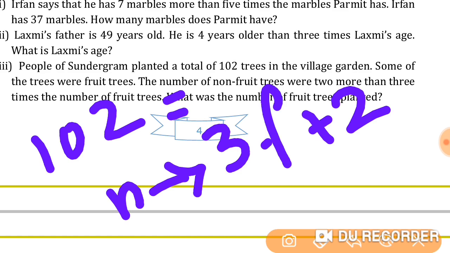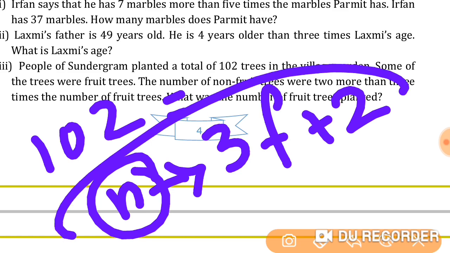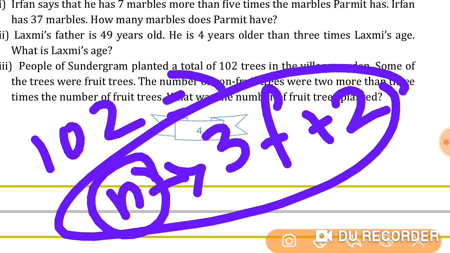So non-fruit is 3 times with an addition of 2 extra. If you add these both, you'll get 102, because non-fruit trees and fruit trees are here.